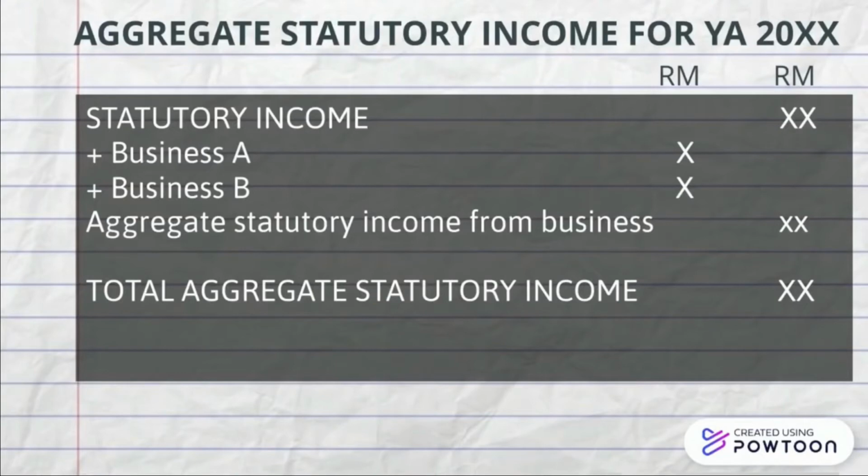In addition, we need to take note that current year business loss can reduce the aggregate income, which means all types of income, not only business. Then, if it's unabsorbed business loss, it can be reduced only on business type. For the capital allowance, it's restricted on its own business source only.